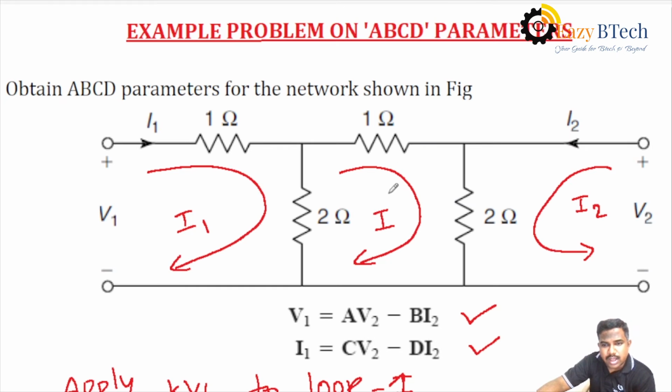Then similarly, apply KVL to the second loop. In the second loop, we have 3 elements: 2 ohms, 1 ohm and 2 ohms. The 2 ohms and 2 ohms are both mutual elements.